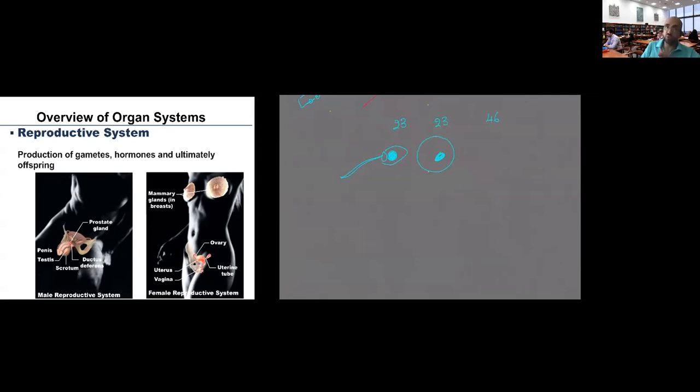So the very first and most important function here of the reproductive system is the production of gametes, those special cells. We cannot reproduce using skin cells, for example. The only cells that can fuse together and produce a cell with a complete set of chromosomes that has the ability to proliferate and grow are the gametes, sperms in males and eggs in females.